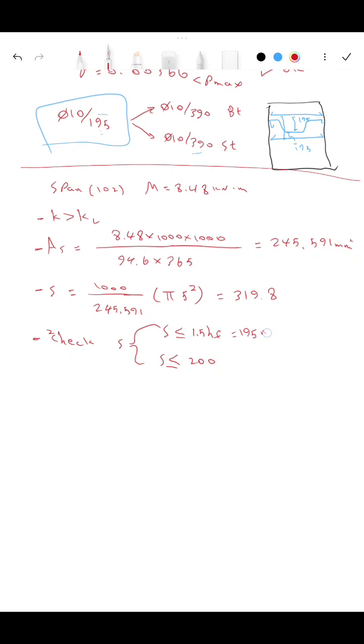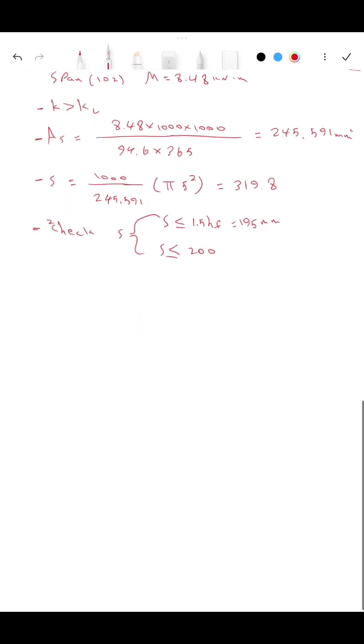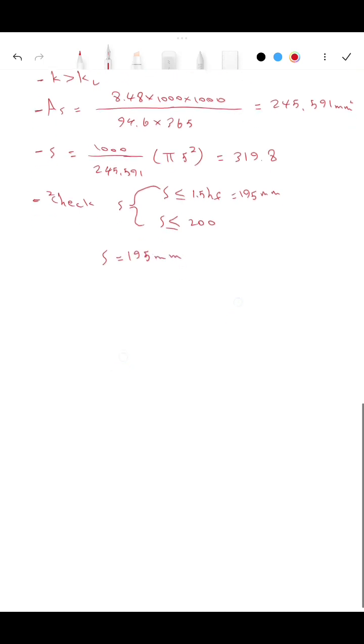So we will use the same space, which is 195 millimeter. In this case we will use the same area of steel, because when we calculate the real area of steel, we have the real area of steel equals BW divided by S times area of the bar.